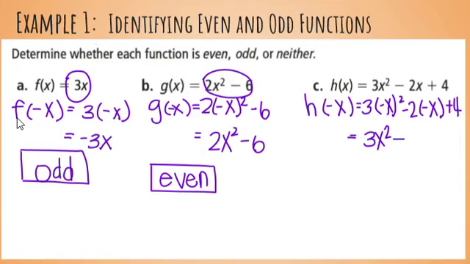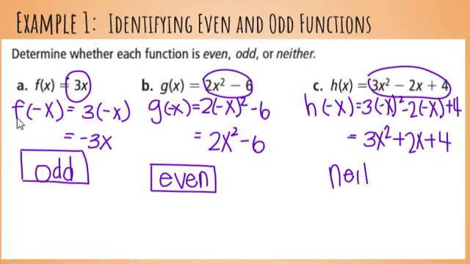Negative 2x times negative x is plus 2x, and then I bring down my plus 4. Now when I compare it back to the original, my 3x squared stayed the same, but my negative 2x became positive 2x. So this new equation is not the same as the original, nor is it the opposite, because not all of the signs changed. So this last one is neither.